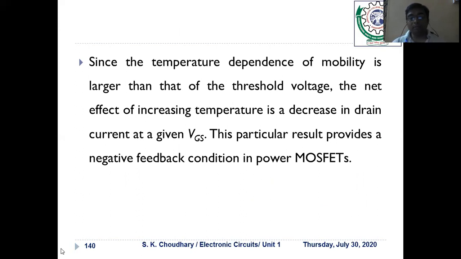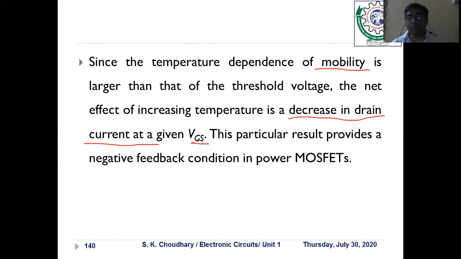The resultant effect depends upon the mobility of the electrons, or the conduction parameter, because the temperature dependence of the mobility is larger than that of the threshold voltage. So the net effect of increasing the temperature is a decrease in the drain current for a given value of VGS. And this result provides a negative feedback condition in power MOSFETs.